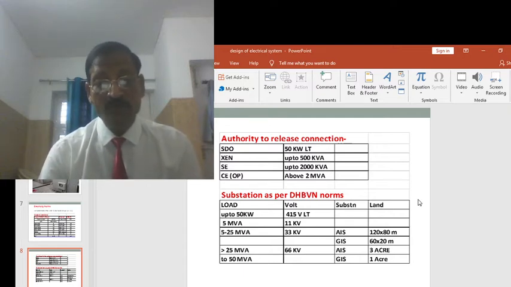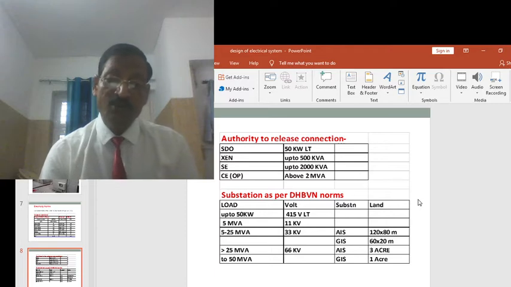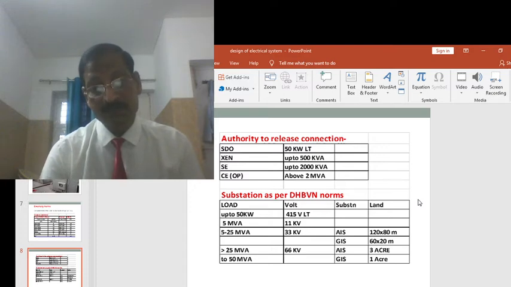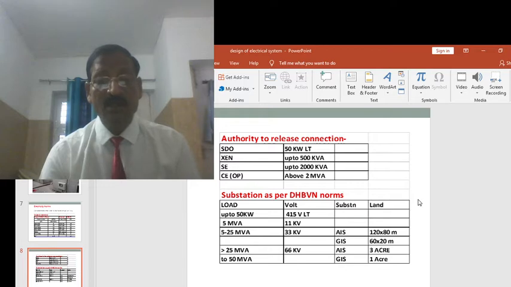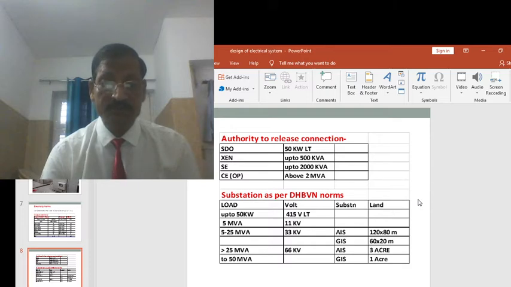Substation as per the DHBVN norms. If the load is up to 50 kilowatt, then we can have an LT connection of 415 volt. If the load is up to 5 MVA, then an 11 kV connection will be required. If your load is from 5 to 25 MVA, then the connection will be 33 kV, that is an air insulated substation, and the plot area required for the substation if it is outdoor is 120 by 80 meter.